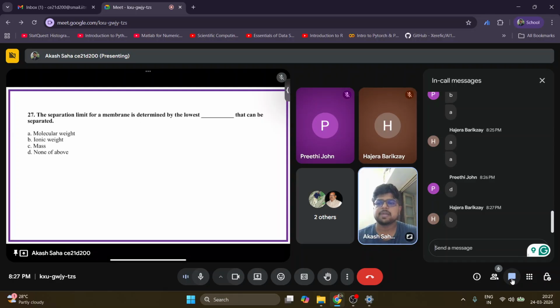Okay. The separation limit for a membrane is determined by the lowest dash that can be separated. What will be the answer?